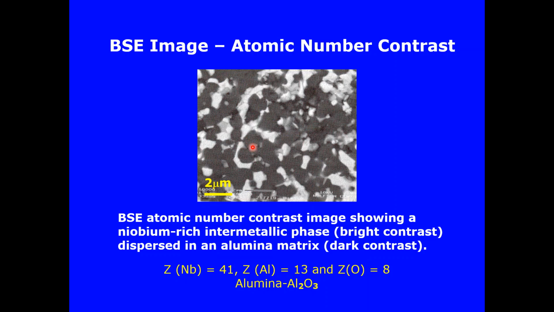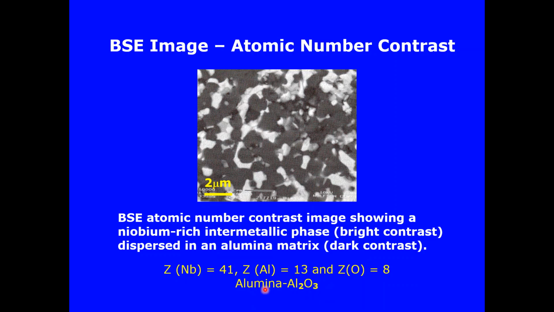Along with that, we have oxygen. So beryllium, oxygen, and aluminum alloy. So this is an alloy. The dark one corresponds to one particular atom, and the bright one corresponds to another particular atom. Here you can see the different atomic numbers for niobium, for aluminum, and for oxygen.